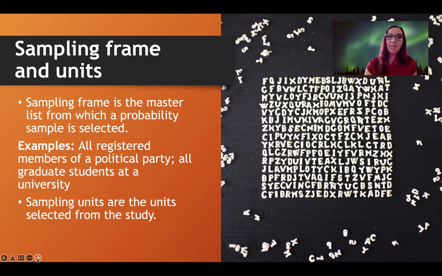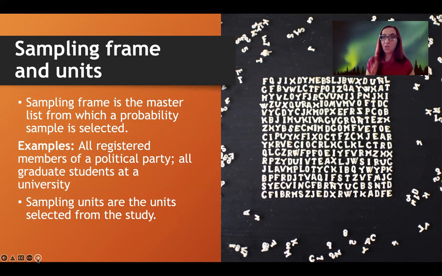Sampling frame basically means that sampling frame is the master list from which you are deriving this sample, from which you're selecting this sample. So that could be all registered members of a political party or all graduate students at the university.